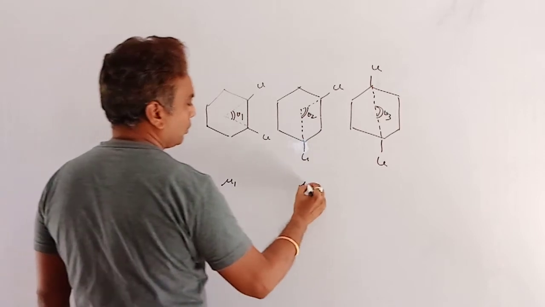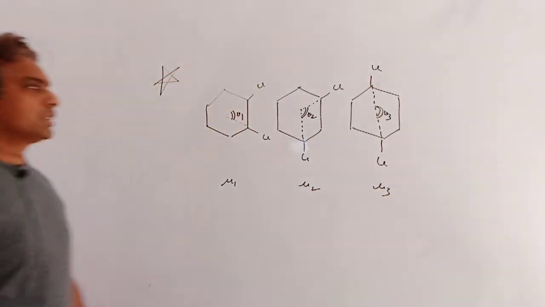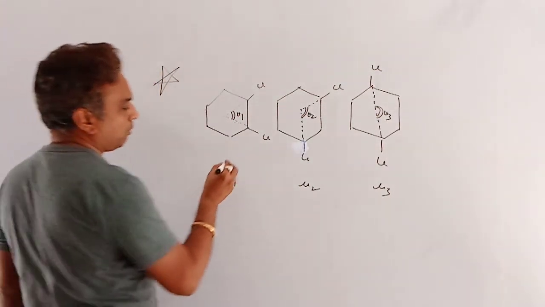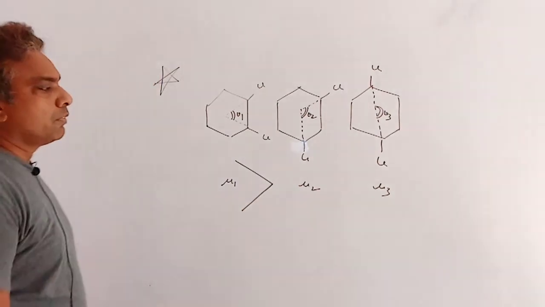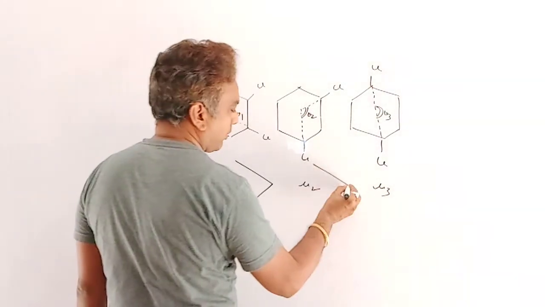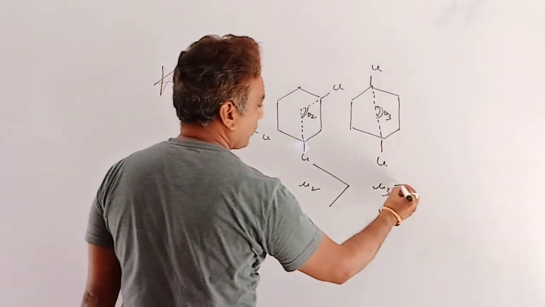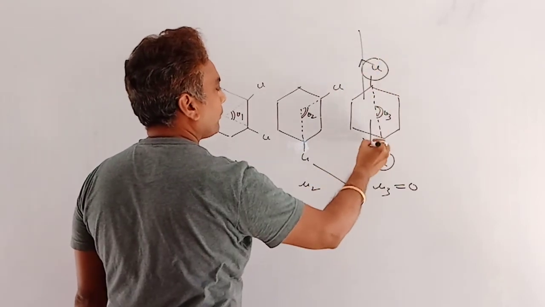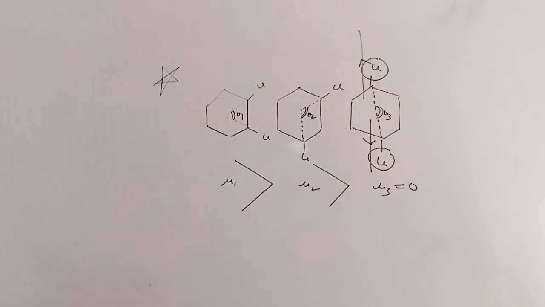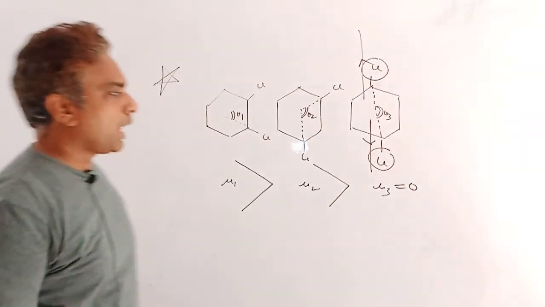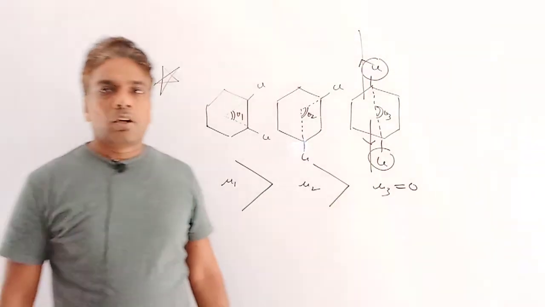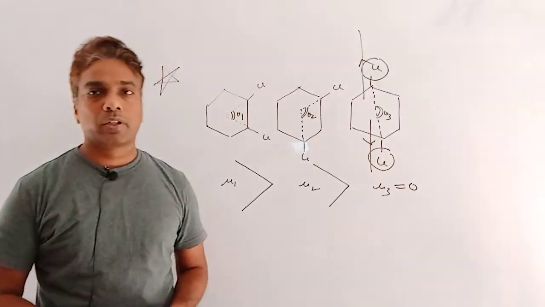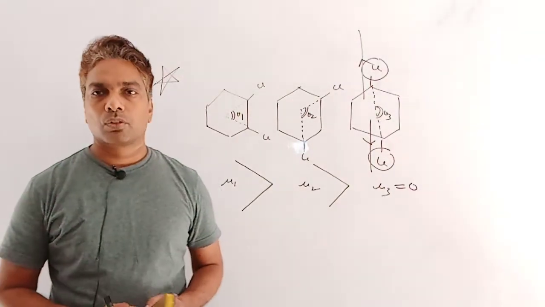If mu1, mu2 and mu3 are the dipole moments of the first, second and third compound, due to the lesser bond angle in the first one, the dipole value is maximum, while mu2 is greater than mu3, and mu3 will be 0 due to compensation of polarity. Both chlorines are attached just opposite, so the polarity is cancelled out, and the dipole moment of the last molecule, 1,4-dichlorocyclohexane, will be 0.